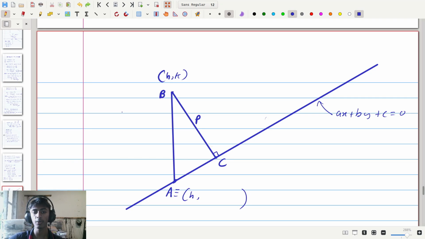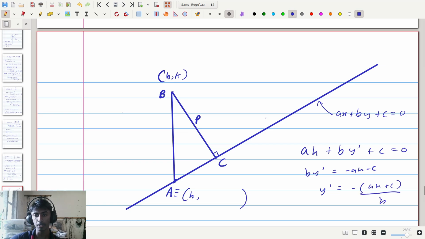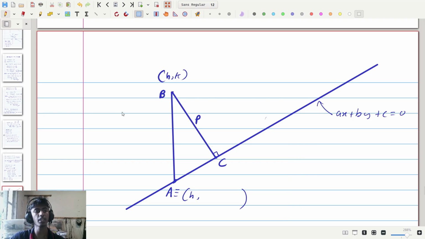So therefore we have a times h plus b times, I'll call this coordinate y dash temporarily, plus c must equal 0. Therefore b y dash must be equal to negative ah minus c, meaning that y dash must be equal to negative (ah plus c) divided by b. We can substitute this value in and say that the coordinates of the point A are h, negative (ah plus c) divided by b.